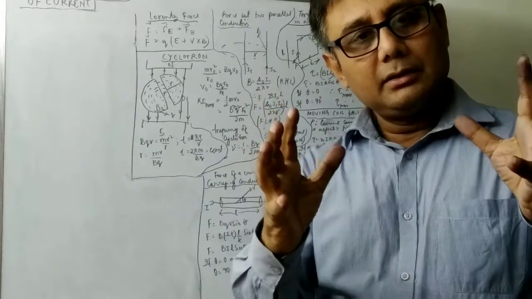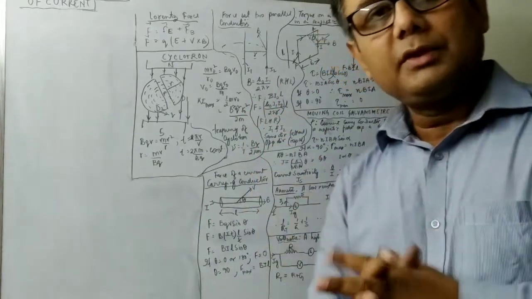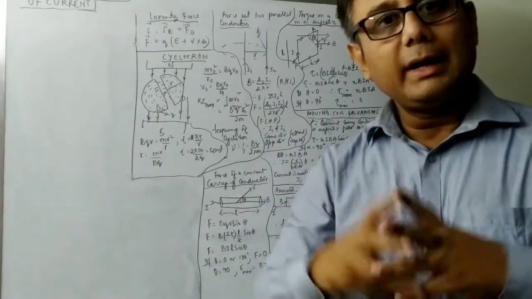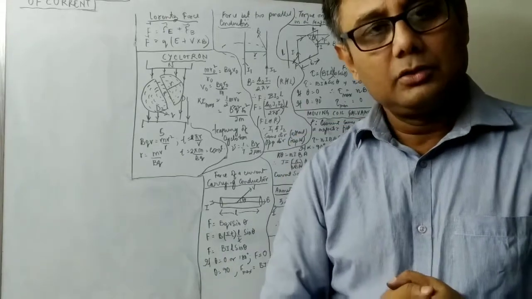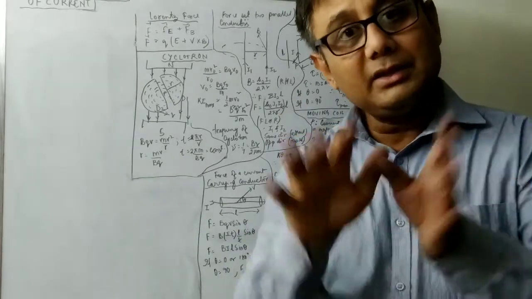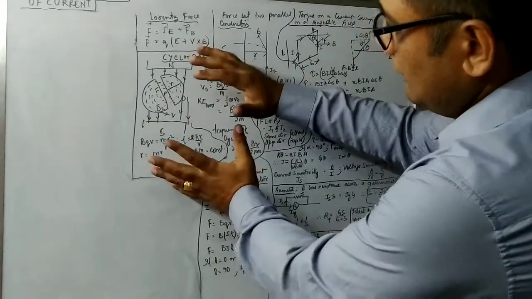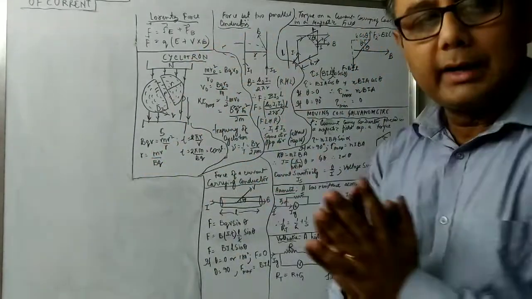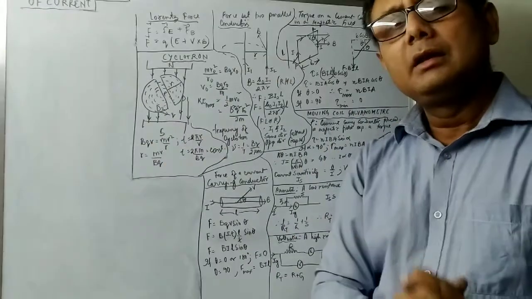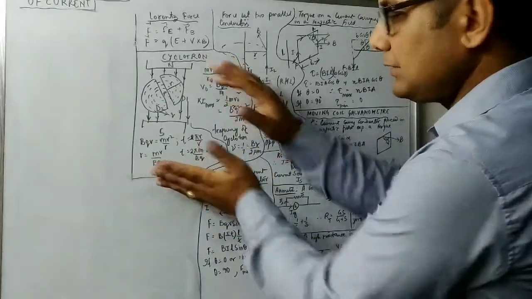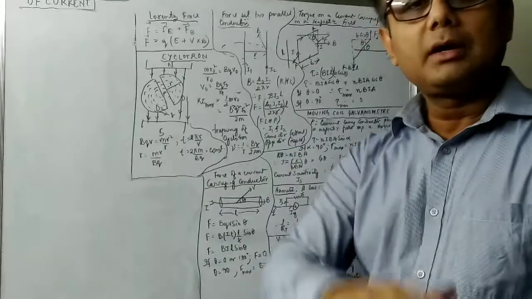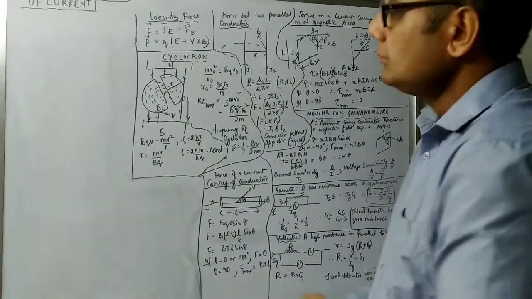So ultimately the main use of the cyclotron is to accelerate a charged particle. So how do we do that? By placing it in a magnetic field. I have explained the cyclotron briefly because this is the only required part. You don't need it in great detail, because if you know this, it's more than enough to cover any numericals.